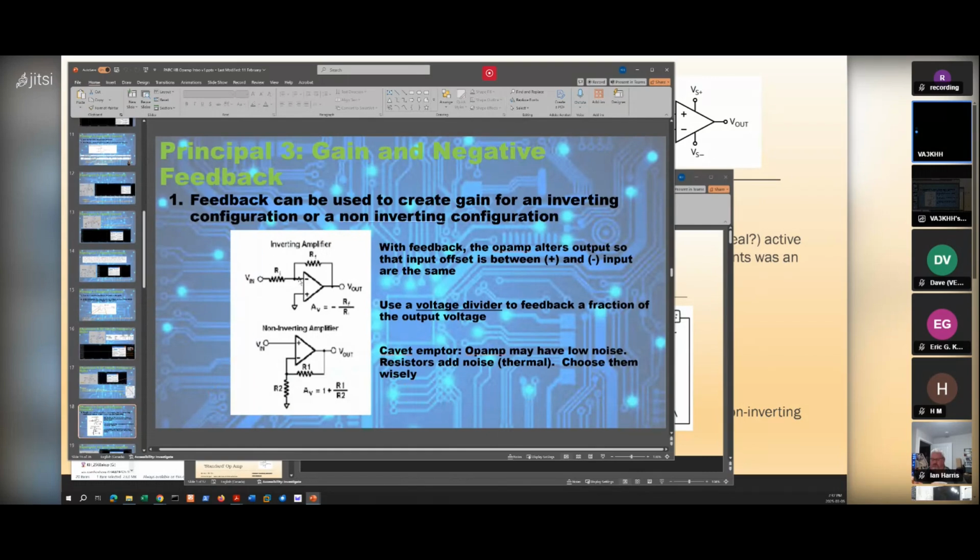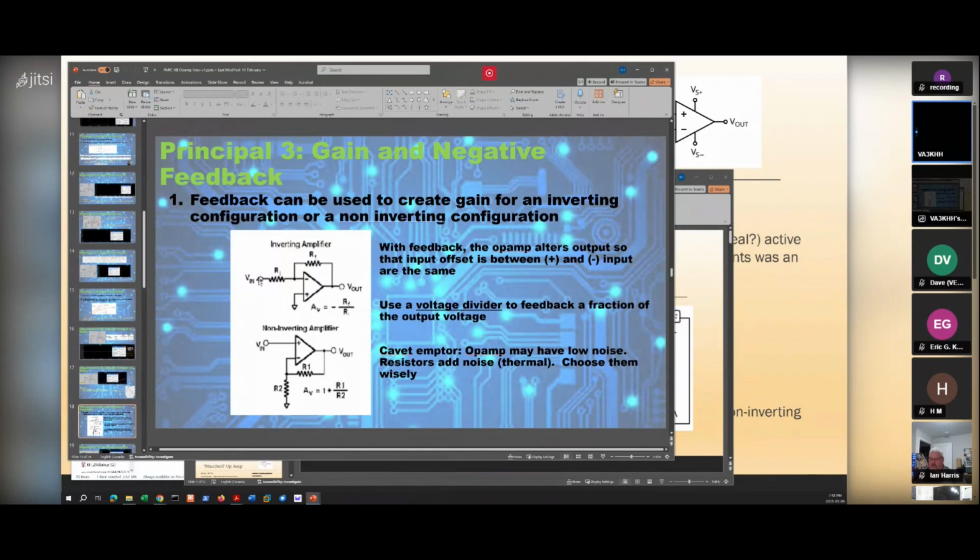So if you're coming in the negative input, the output tries to go to the opposite rail. Oh, sorry, first thing is that the non-inverting input is tied to common or ground. So it's at 0 volts. So the negative input also wants to be at 0 volts. The output will do whatever it has to do to keep the negative input at 0 volts.